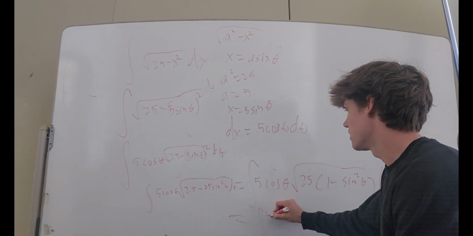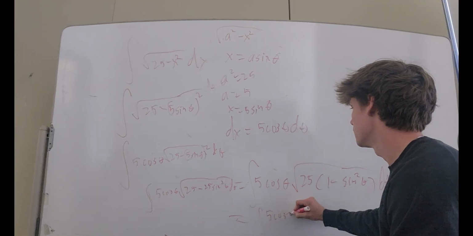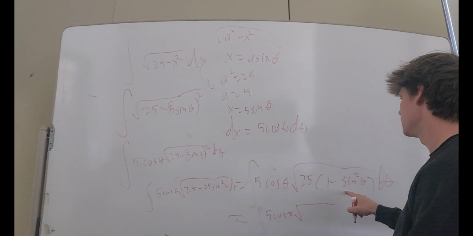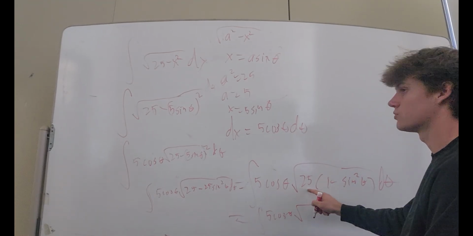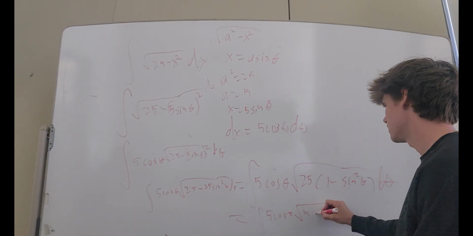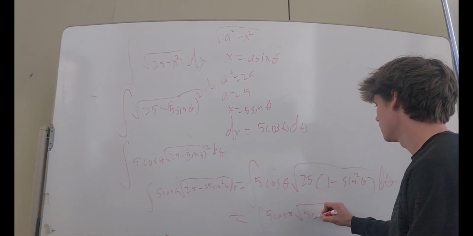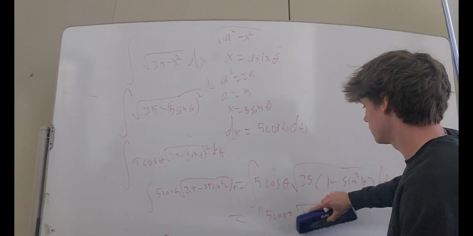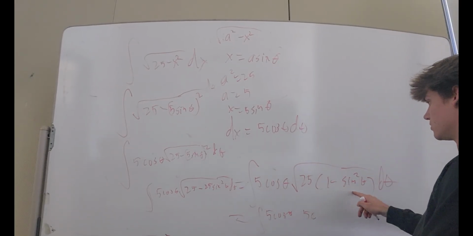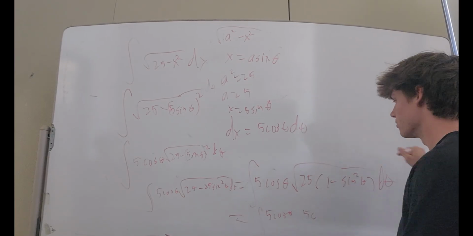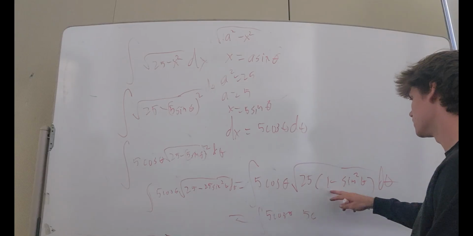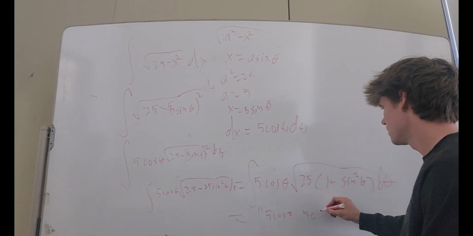So now this is 5 cosine theta, and the square root of 25 is 5 times cosine. We can get rid of the root now because these are both perfect squares: the 25 is a perfect square, and the cosine is squared.